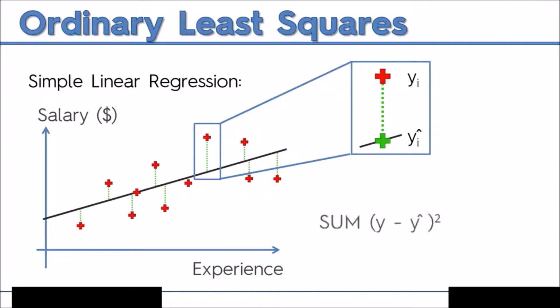Now, to get this best fitting line, what is done is you take each one of those green lines, or those distances, you square them, and then you take the sum of those squares. Once you have the sum of the squares, you have to find the minimum. Basically, what a simple linear regression does is it draws lots and lots of these trend lines.